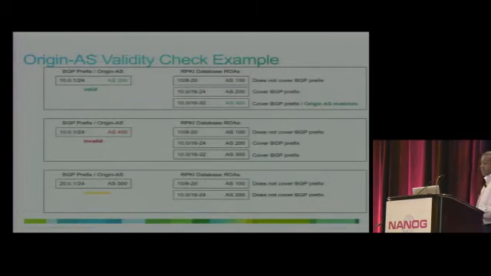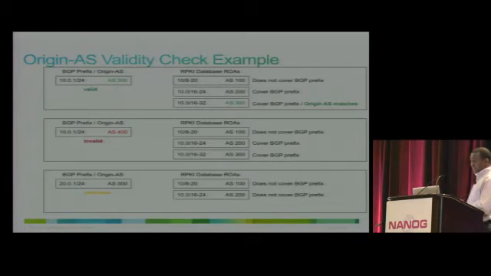Let's say the registry database has what we call ROAs on the right side. And let's say you receive from your eBGP peer those prefixes on the left side. The first one is in the registry and it matches. That is, the origin AS number matches the origin AS number in the registry, in the cache. So it's considered to be valid.